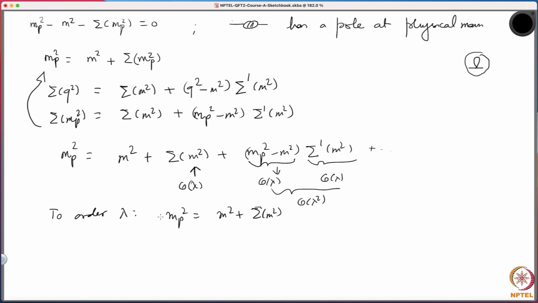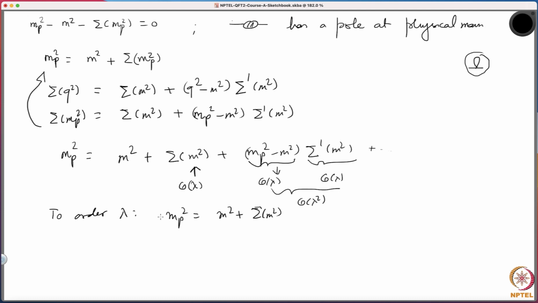Good. So the next question will be how to obtain Z as a function in perturbation theory. Now I know how to get the physical mass in perturbation theory, at least to order lambda. I can keep iterating this and get higher order terms as well.